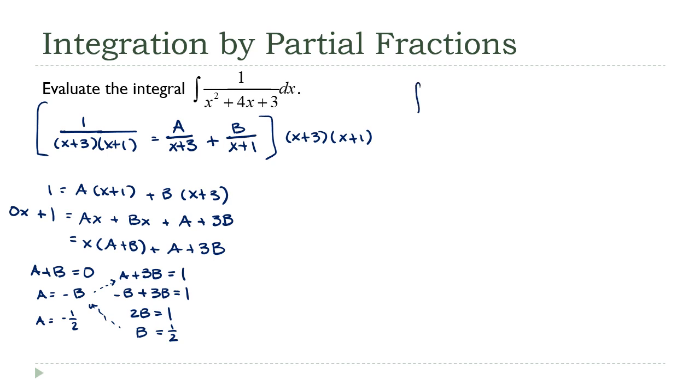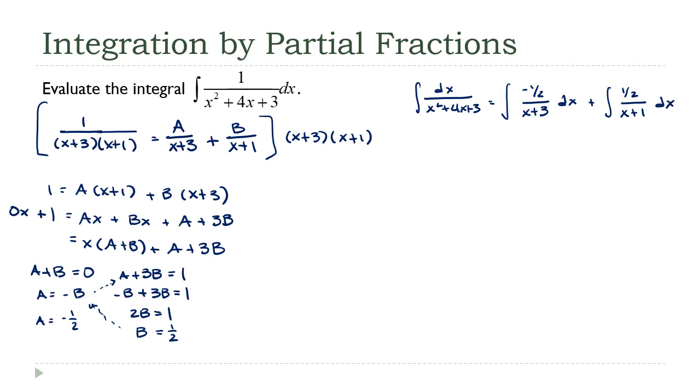So then the integral of dx over x squared plus 4x plus 3 is equal to the integral of, and let's make sure I get these in the right order, negative 1/2 over (x plus 3), the negative 1/2 goes with the x plus 3, good, dx, plus the integral of 1/2 over (x plus 1) dx.